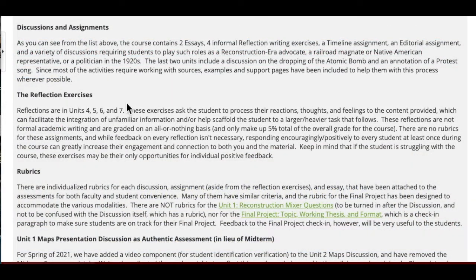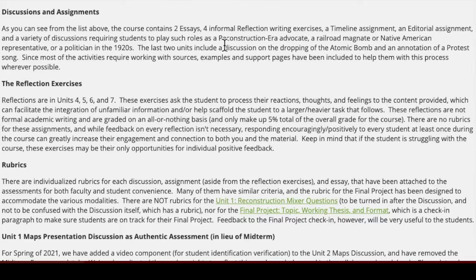But as you can see here, the course contains 2 essay assignments, 4 informal reflection writing exercises, a timeline assignment, an editorial assignment, and a variety of discussions requiring students to engage in role-playing as a Reconstruction-era advocate, a railroad magnate, or Native American representative, or a politician in the 1920s.